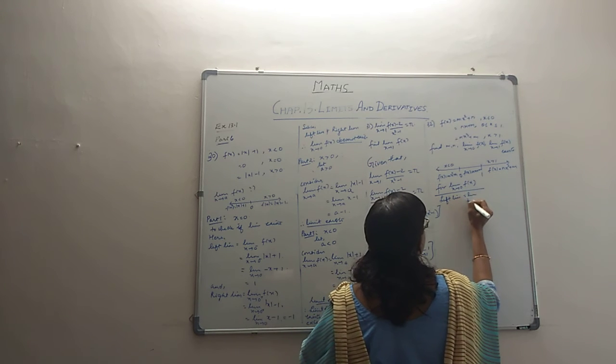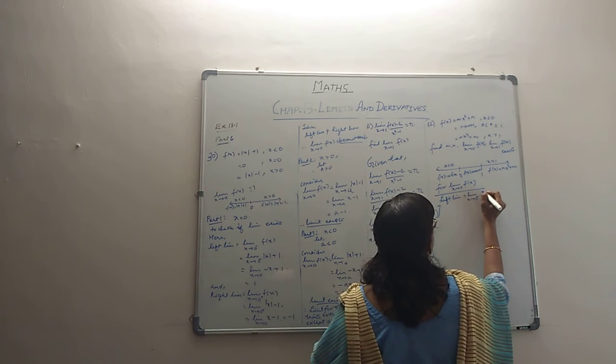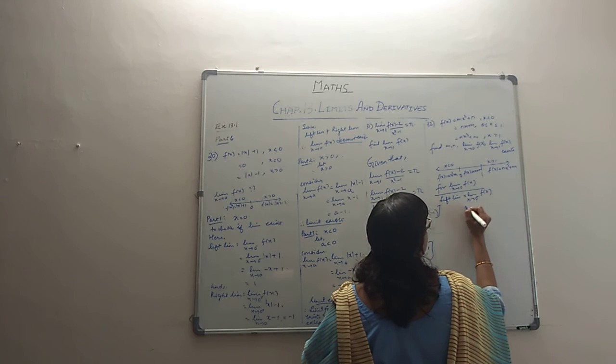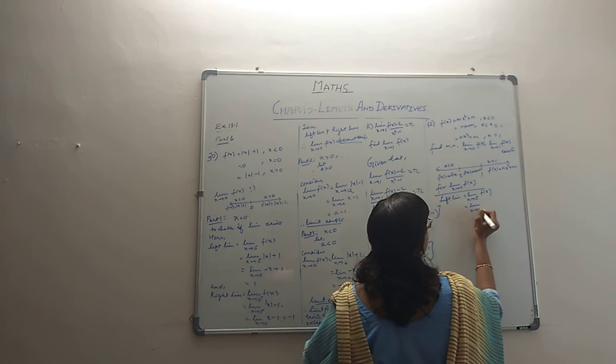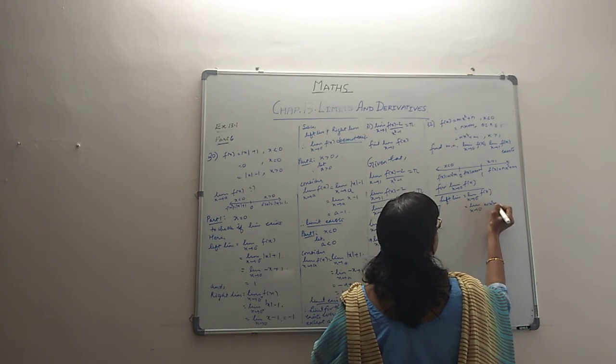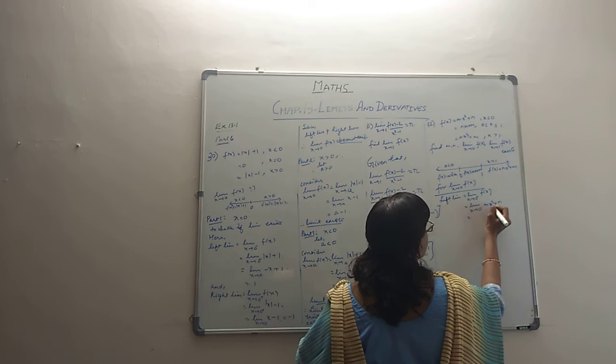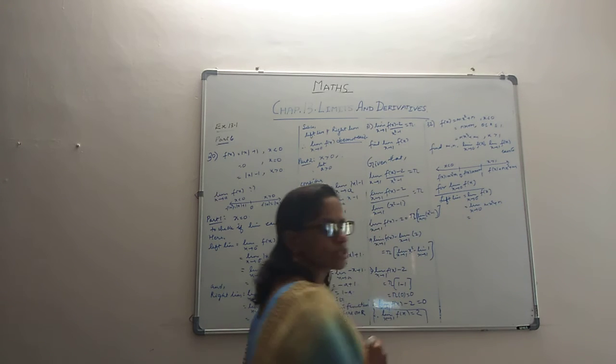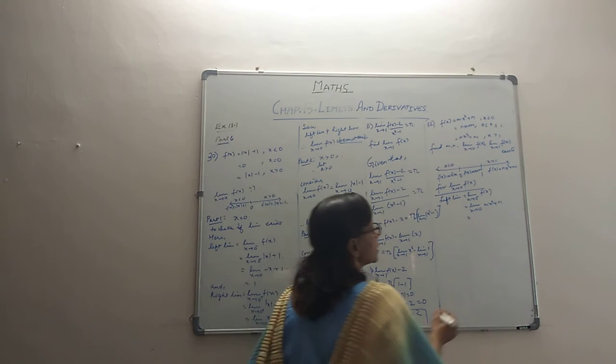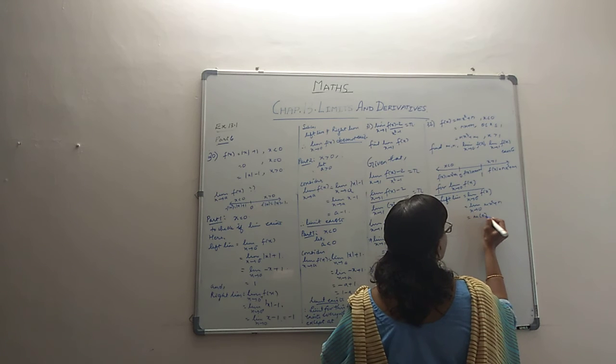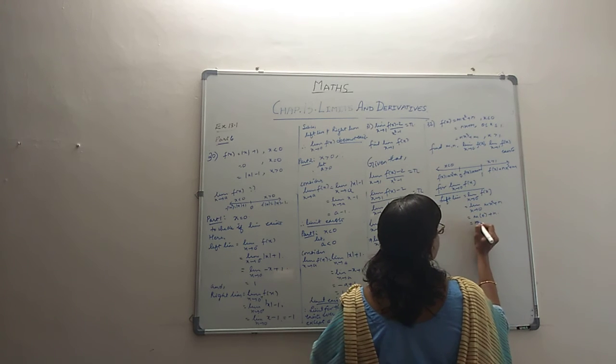The left limit is the limit of x from the negative side of 0, by the function's value m x squared plus n, which when we substitute x tending to 0 we get m into 0 plus n, which is just n.